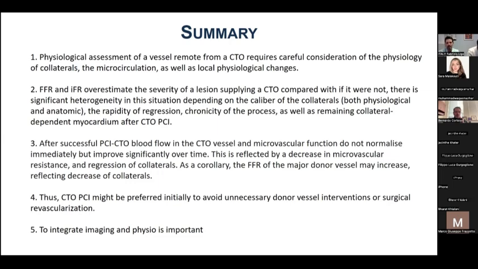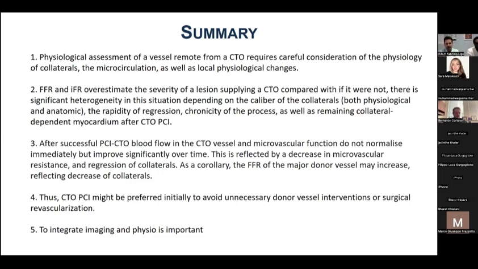But there is significant heterogeneity in this situation, depending on the caliber of collaterals, the rapidity of regression or progression, the involvement of different collaterals, the chronicity of this process, and also the viability of myocardium after the CTO PCI of the CTO vessel.